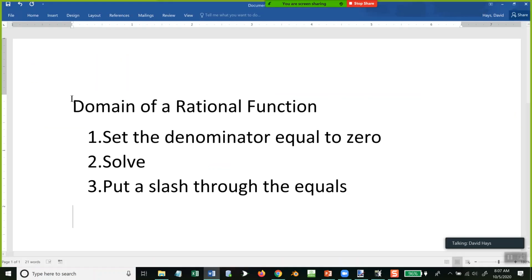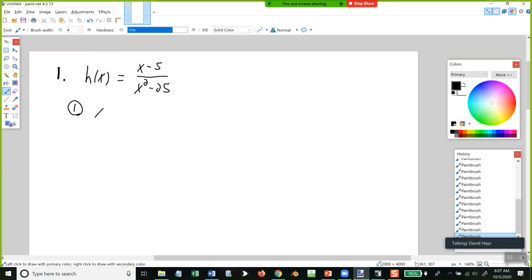And going through these three steps, step one says set denominator equal to 0. So I got x squared minus 25 equal to 0. Step two says to solve this, and I'm going to solve it using the square root property because our middle term is missing. So I'll take negative 25 to the right side, becomes a positive 25. And square root property says if you got something squared equals something else, you drop your squared, and you put a plus or minus square root on the other side.